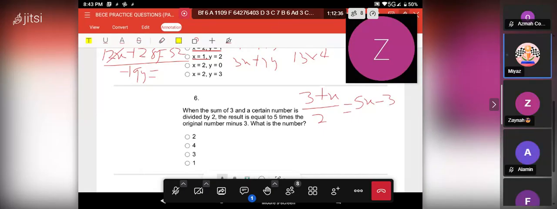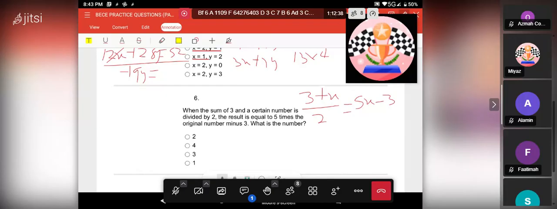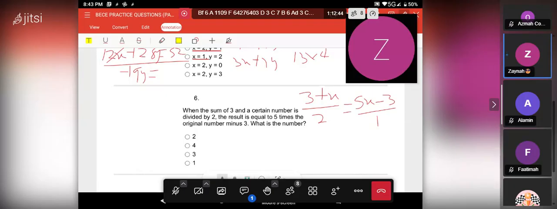Yes, sir. Because the first part is written in some form, we can just say this is over 1. Then we do multiplication, and that is going to give us 3 plus x equals 2 times 5x minus 3, that is 10x minus 6. Do you agree?